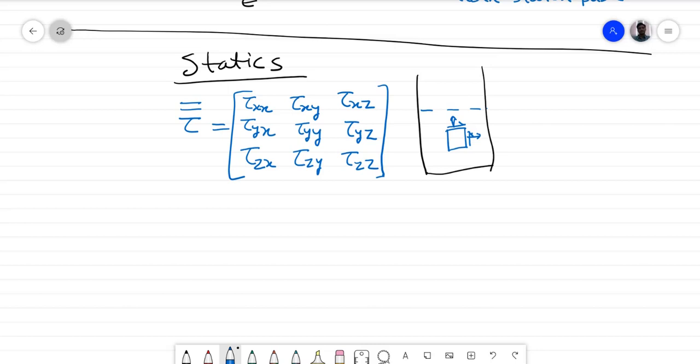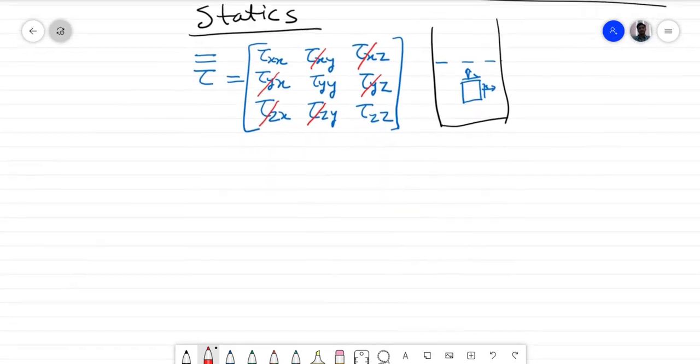So how can we simplify this stress tensor further for a static fluid element? So we have already seen that for a static fluid element, shear stress components are zero, because it is the definition of a fluid that it flows under a shear stress. This is not true for yield stress fluids always, but for a pure fluid which acts only like a fluid, this is true. So all these components are zero.